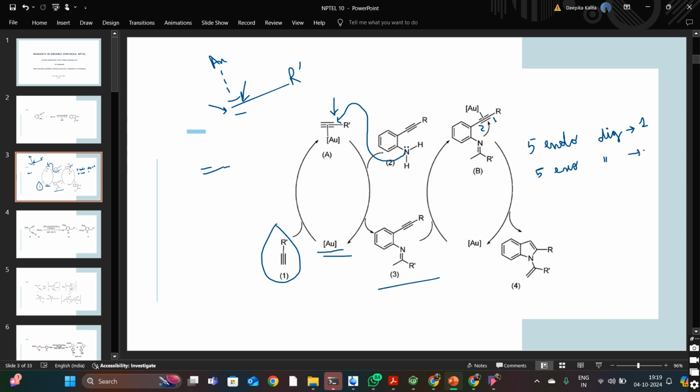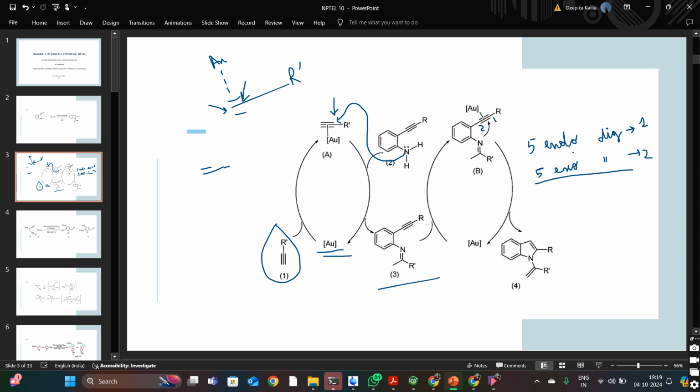Okay, and if you see Baldwin rules of cyclization, if you remember Baldwin's favorable and unfavorable rules of cyclization, 5-exo-dig cyclization is forbidden.